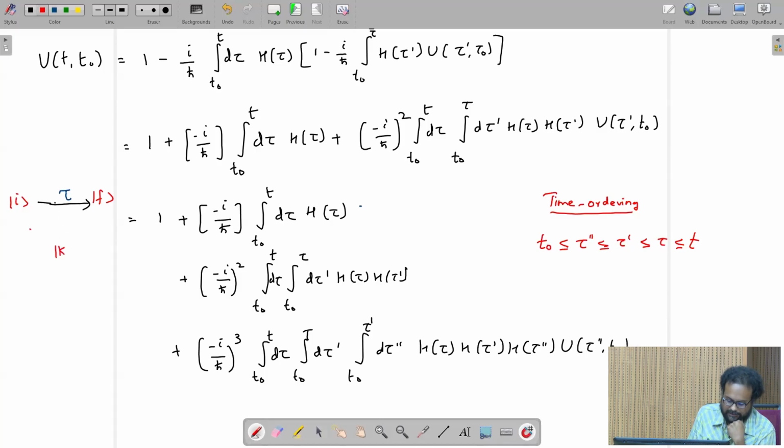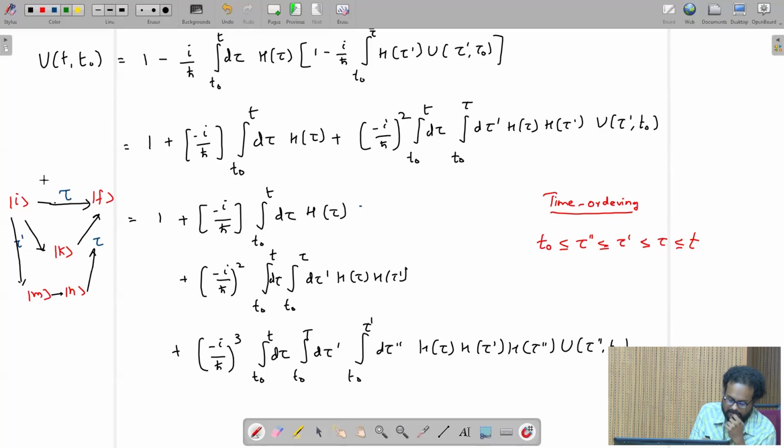I could go to some k and go here. Now this will be tau prime, tau. Or I can expand this out. I could have another state m, another state n, like this.